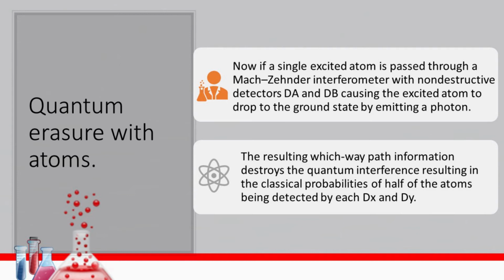Now, if a single excited atom is passed through a Mach-Zehnder interferometer with non-destructive detectors DA and DB, causing the excited atom to drop to the ground state by emitting a photon, the resulting which-way path information destroys the quantum interference, resulting in the classical probabilities of half the atoms being detected at each Dx and Dy.